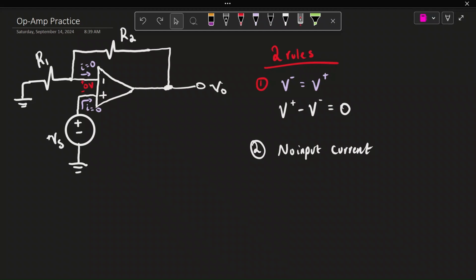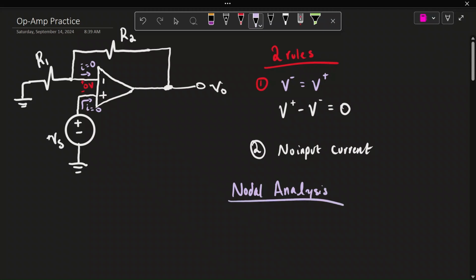I'll show y'all a method that almost everyone uses when dealing with these op amp circuits. It's called nodal analysis. If you want to look up other videos, just look up nodal analysis op amps, and it'll teach you how to do this.